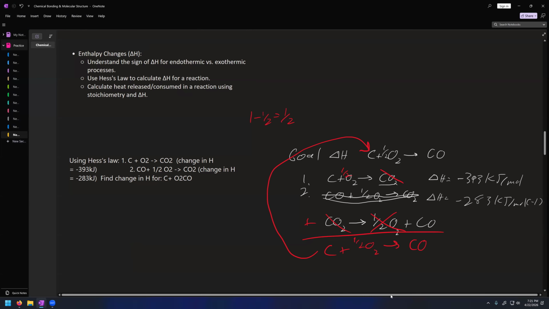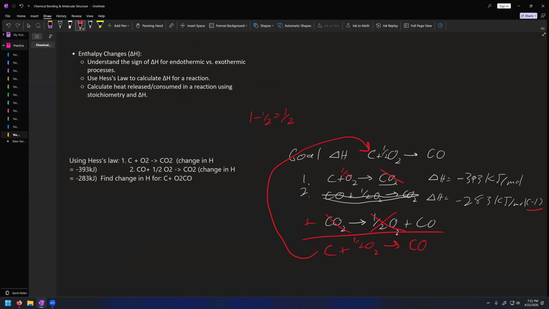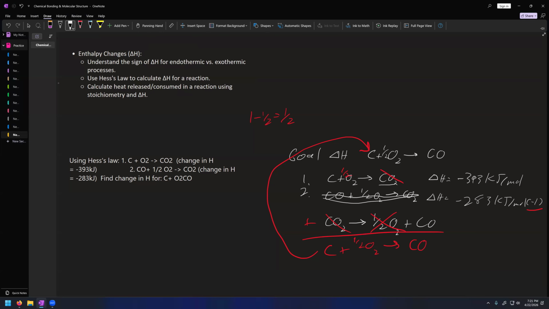The way this allows us to calculate our delta H for that process is we have to apply any of the changes that we made on our delta H for each of those partial processes, and then we add those two together. Here it was simply turning this negative 283 into a positive 283.